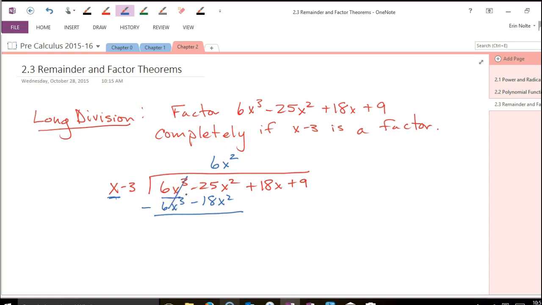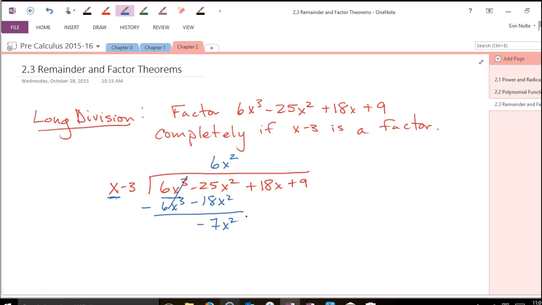Then I go to my x squared. What's negative 25 minus negative 18x squared? Negative 7. And I will tell you, when people make mistakes on long division, it is when they subtract. It is a killer. Be careful of those double negatives.